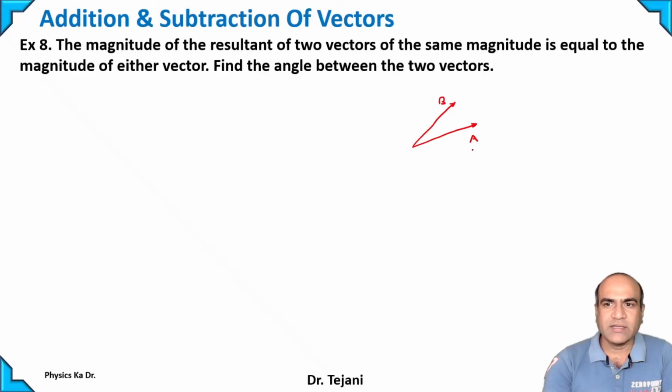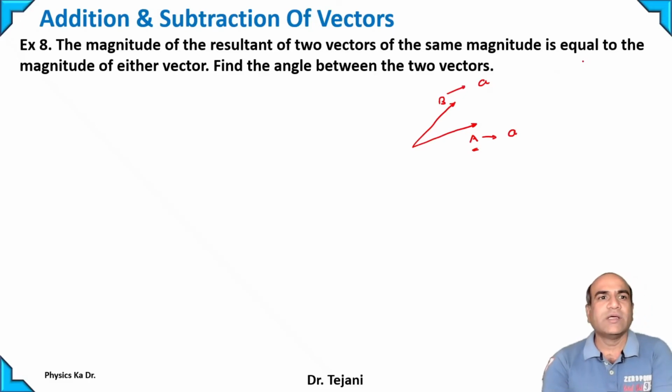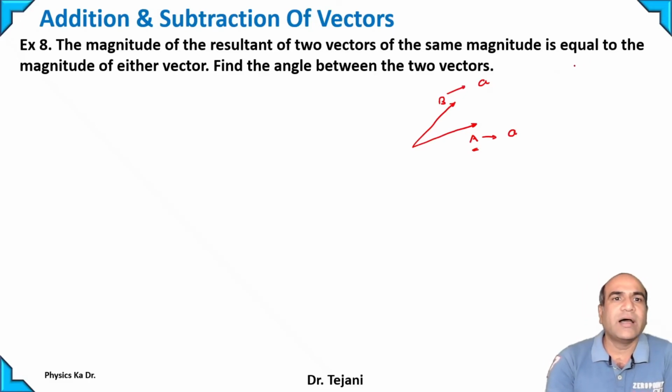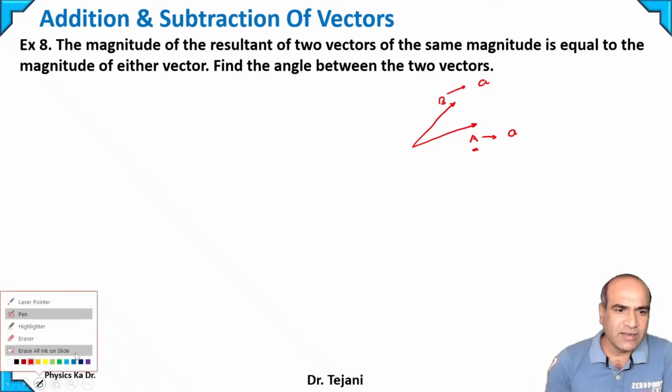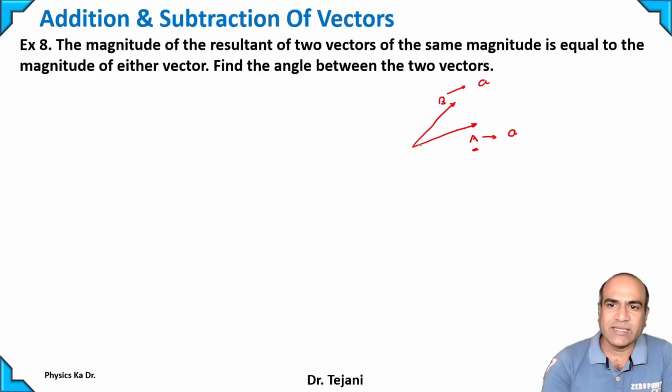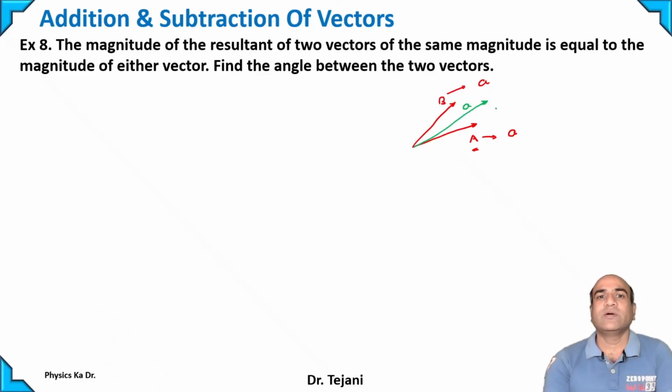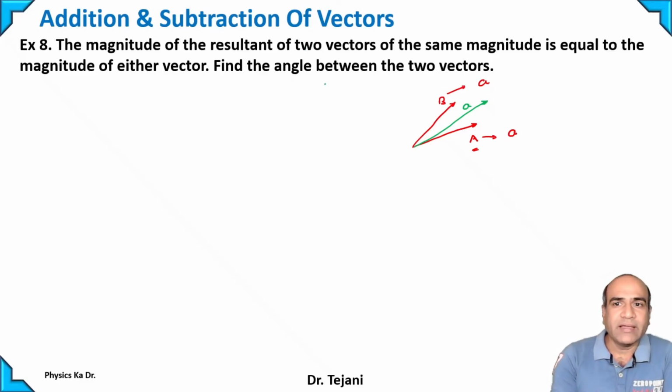That means, say for example, A has magnitude A and B also has magnitude A, so both have magnitude equal to the magnitude of either vector. That means the resultant magnitude is also the same, and that also becomes A. At what angle? Find the angle between the two vectors.